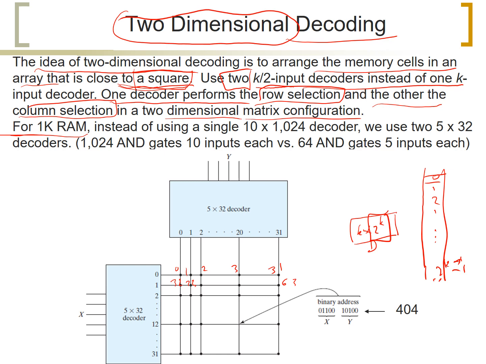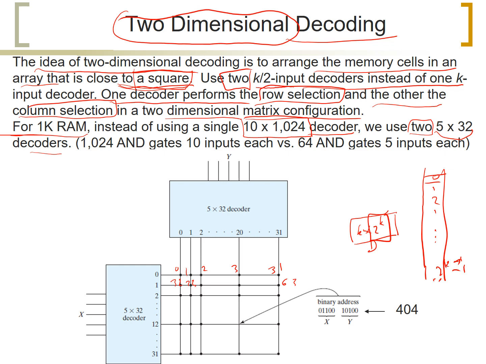We can either use a 10 by 1024 decoder, or alternatively, we can use two decoders, and each one is 5 multiplied by 32. Notice the difference.